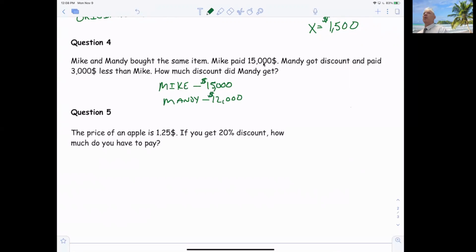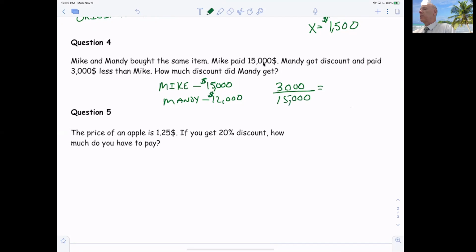So this one, back to last week. What was the discount? How much money was the discount? How much? Right. So it's always 3,000 divided by the original cost. That is correct.